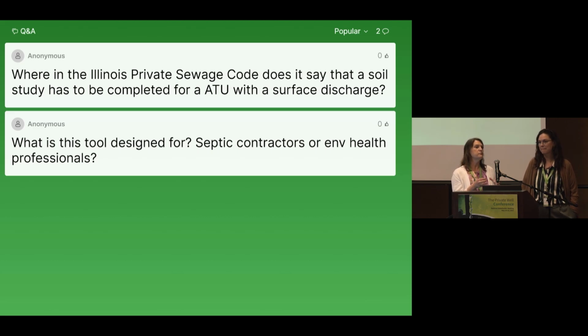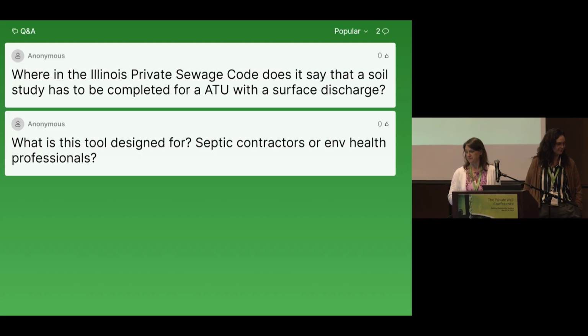There were so many inconsistencies with perk tests that they're trying to get it where only a soil classifier determines that. If you want to shoot me an email, I would be more than happy to find it in the code and let you know exactly where it states that.